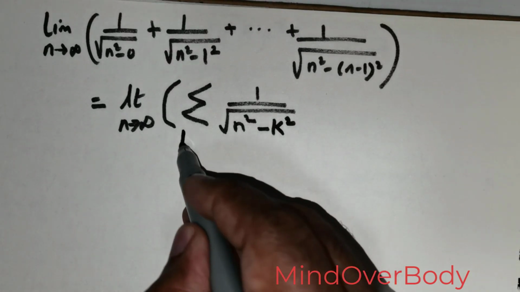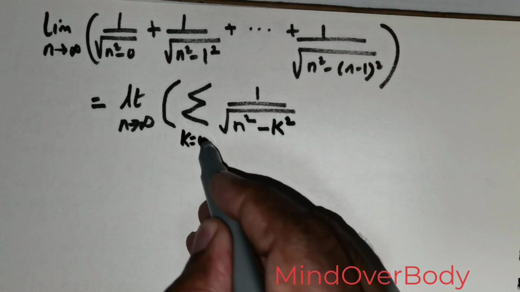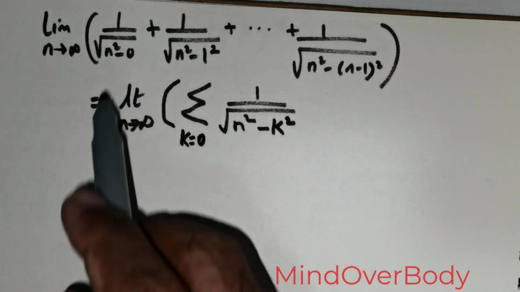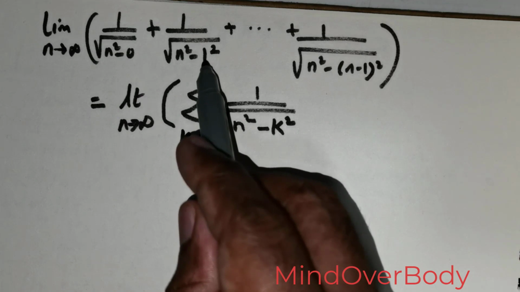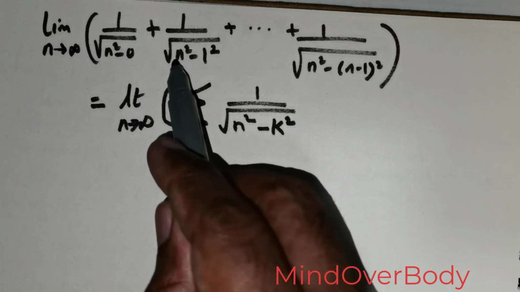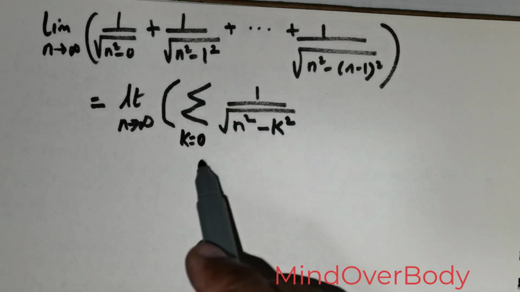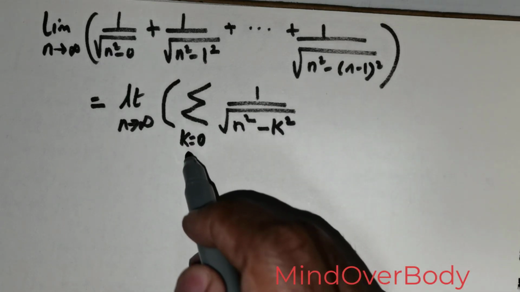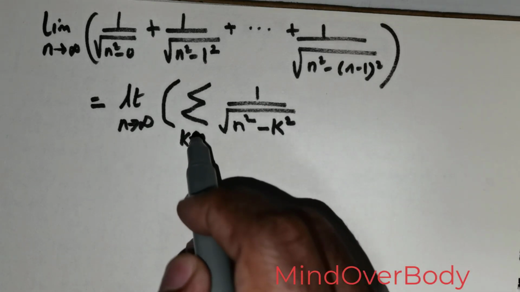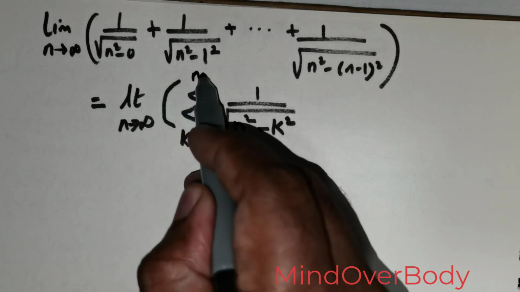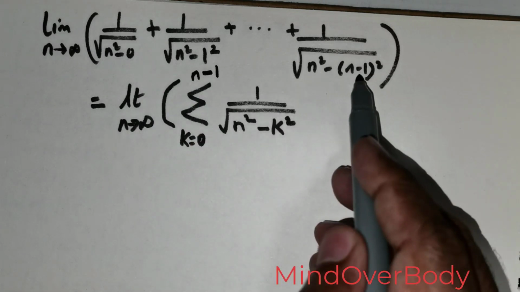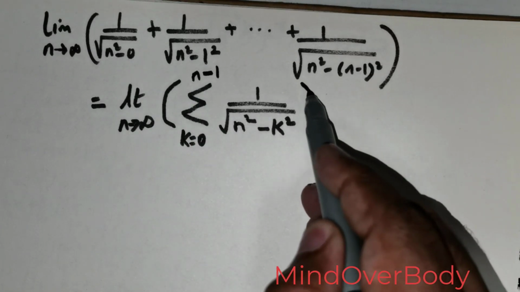So k starts from 0, because when k is equal to 0 we get the first term, and when k is equal to 1 we get the second term, n squared minus 1 squared, and so on. To produce the last term, k must stretch all the way up to n minus 1.